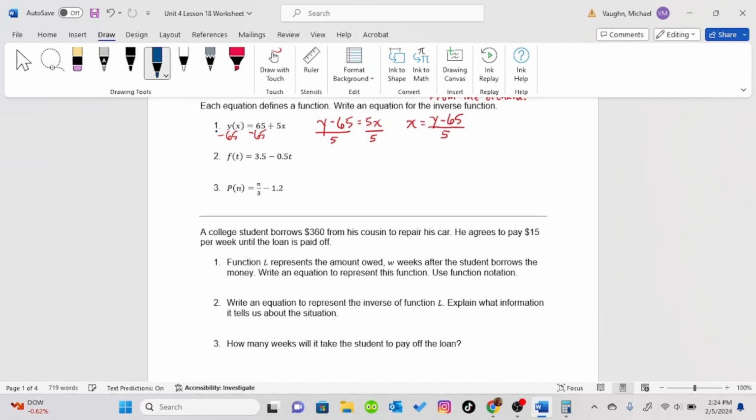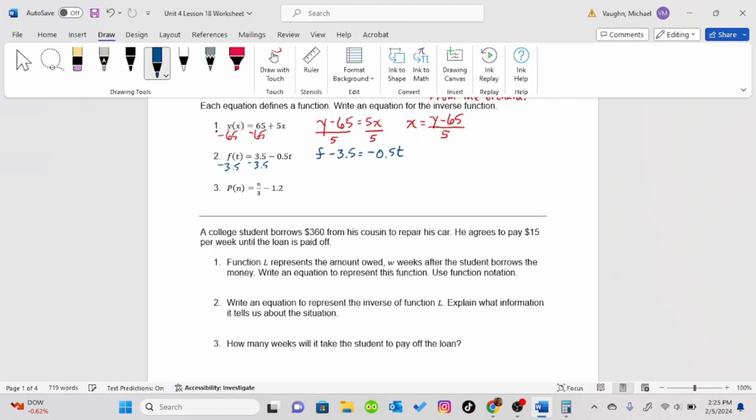Number 2, f of t equals 3.5 minus 0.5t. So the first thing I'll do is subtract 3.5 from both sides. And now I have f minus 3.5 equals negative 0.5t.